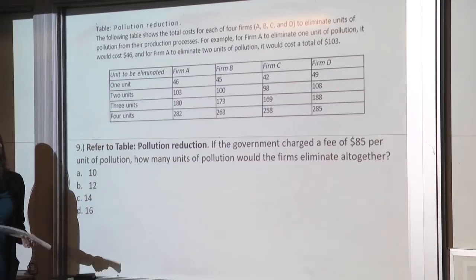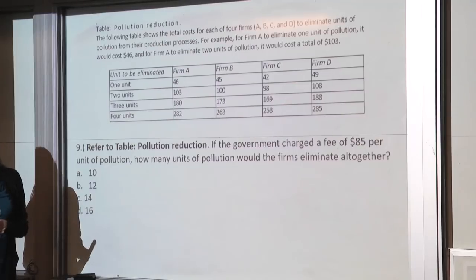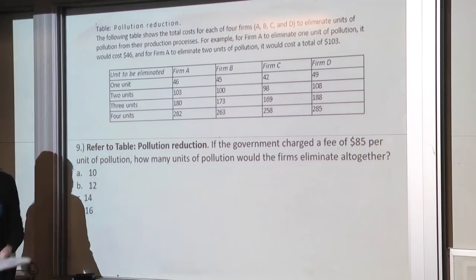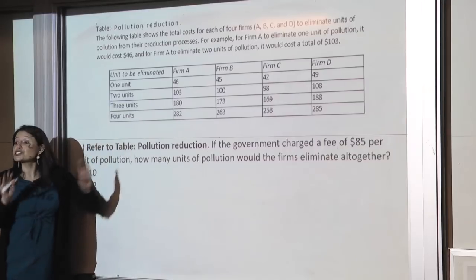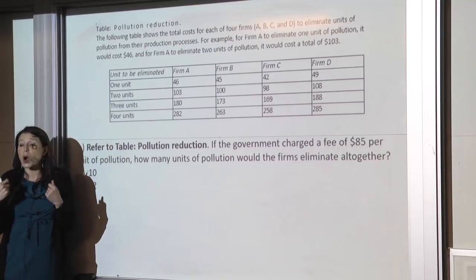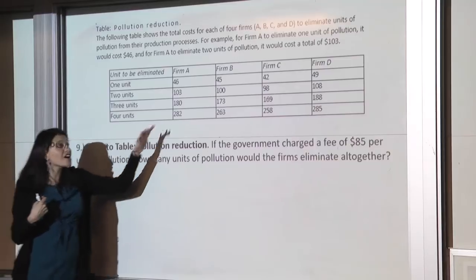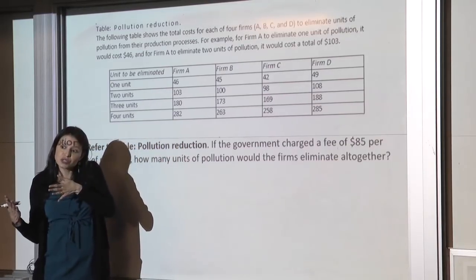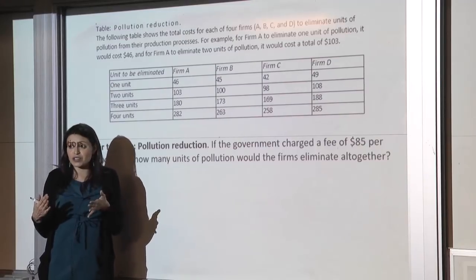If the marginal cost of eliminating a unit is lower than 85, they would rather eliminate the unit than pay for the pollution cost. But what we have here is not marginal cost, it's total cost. So you have to calculate marginal cost, compare it to the 85, and then find your answer.